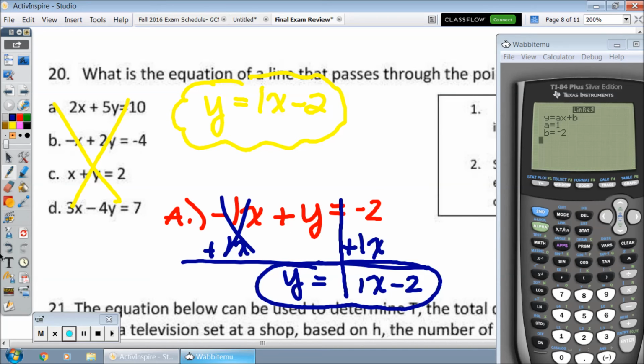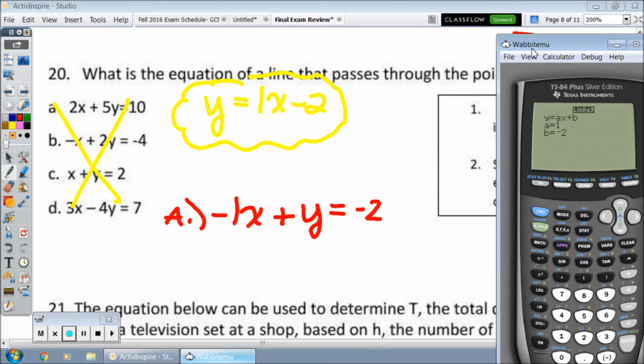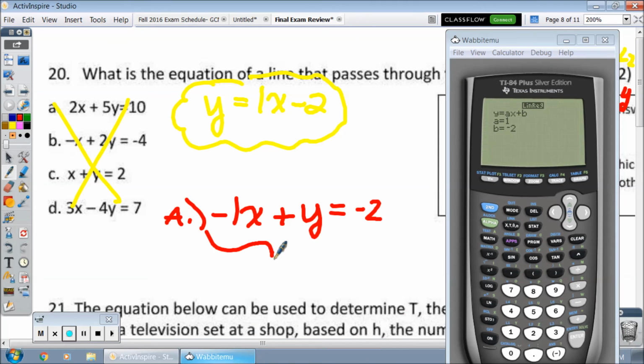Now there's another way you could do this. We know our answer is A, in red. But if you look right here, they give me inputs and outputs, x and y. We can take this first coordinate and store it to x and y, and type it in the calculator to see if it comes out to be -2.